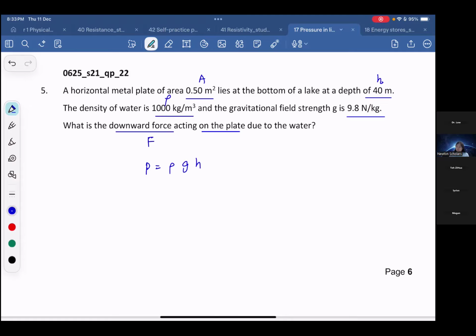Be careful, now it's the downward force. How about others? Only Angeline gets the answer?